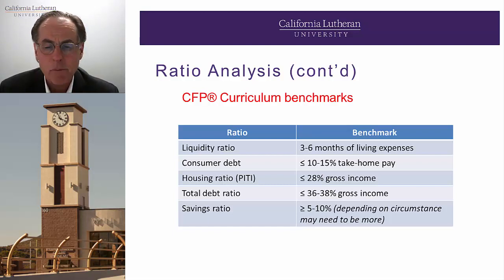The savings ratio benchmark is often shown as 5 to 10% of gross income. However, it's really more dependent on the situation. A 5% savings rate might be appropriate for a 28-year-old professional. The same amount would be insufficient for a 50-year-old executive who has not saved up to this point in his life.